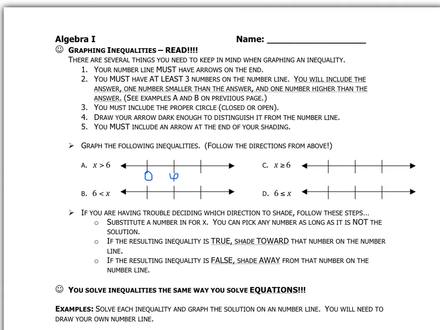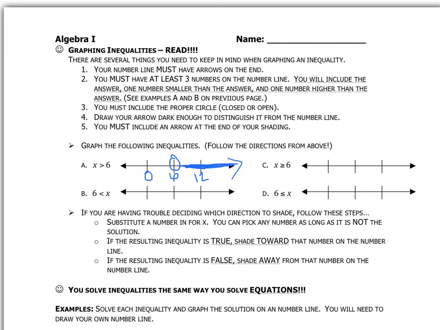And then since it looks like I'm going by 6s, I'll make the next one a 12. Now, I can put x is greater than 6. I can put a 6 here since it doesn't include 6 because it says that x is greater than 6. That means it doesn't include it. I need an open circle. And greater than goes to the right. And I make my line nice and bold so you can see it and put an arrow on the end.